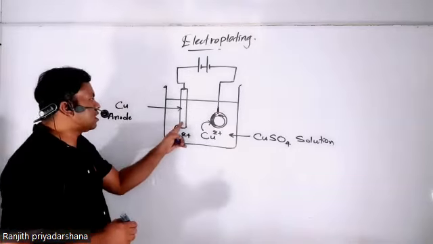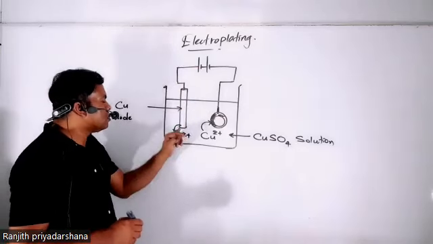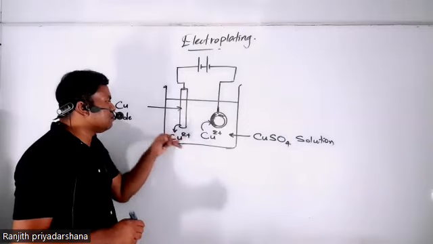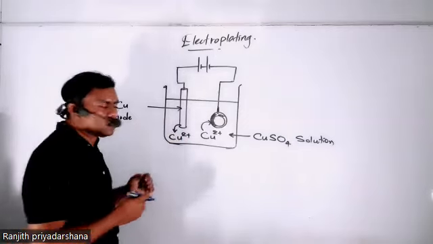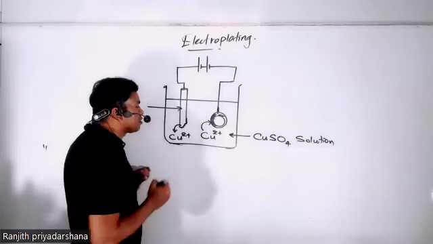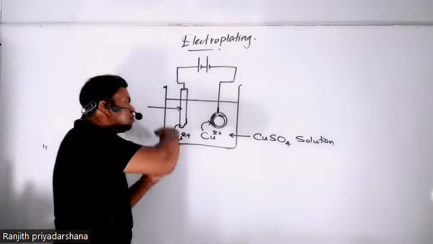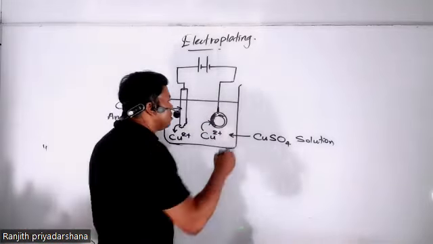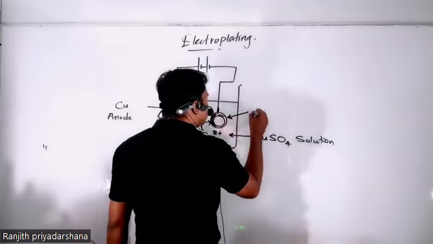Copper loses two electrons. So Cu2 plus ions jump into the solution. Then you can see this copper rod is dissolving gradually and it deposits on the object to be plated.